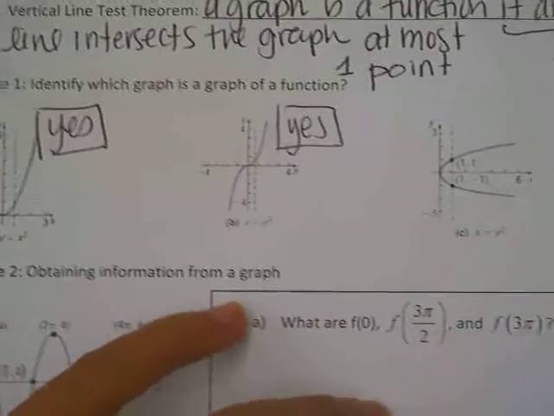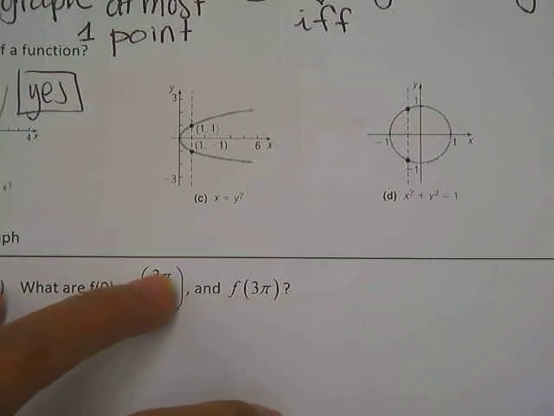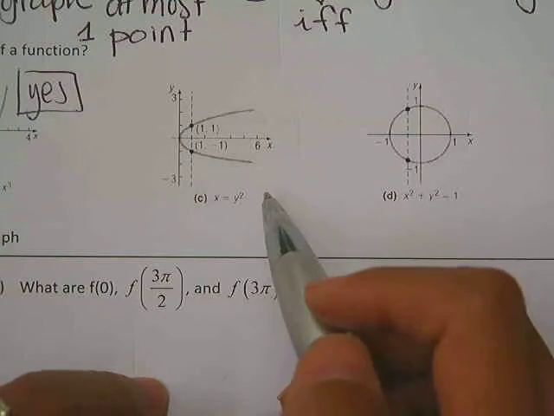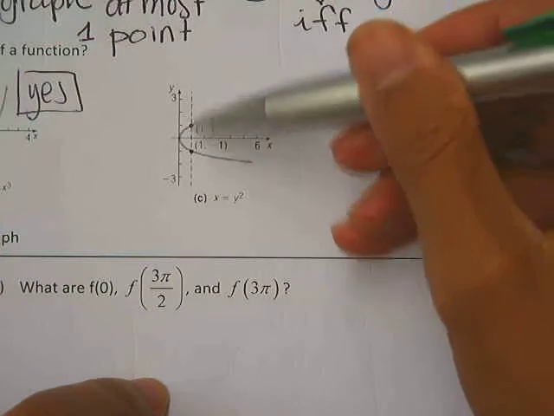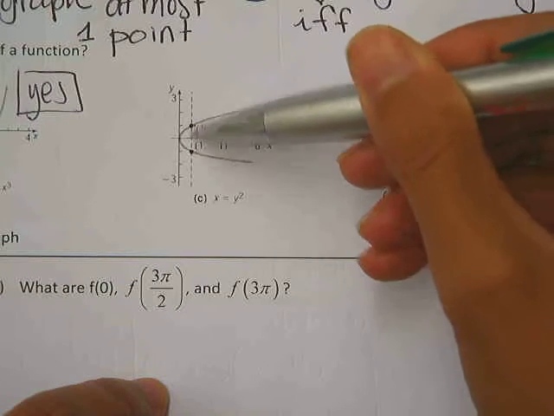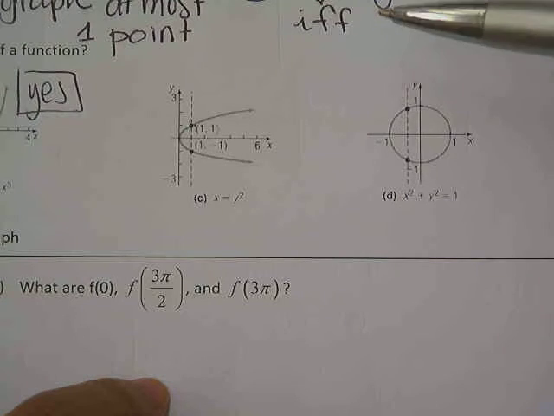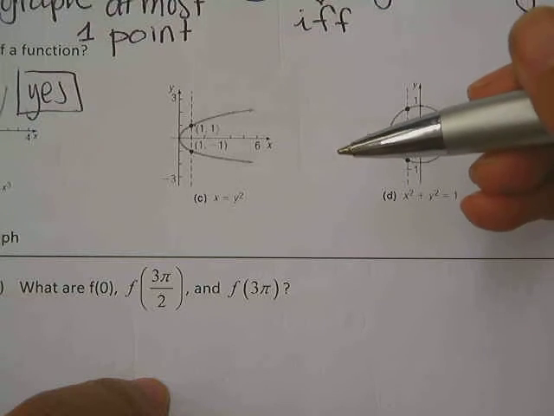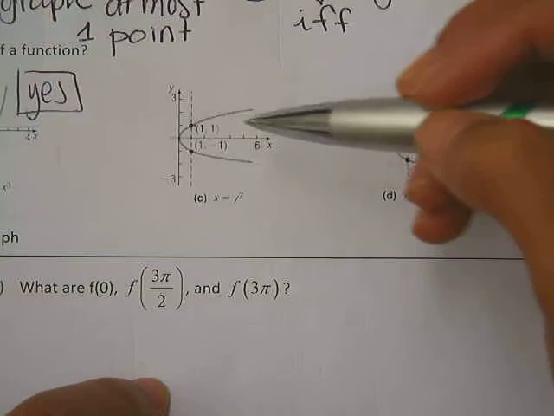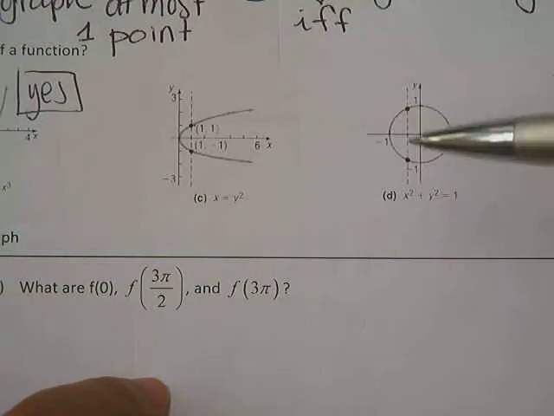Moving on to part C. Here we have a sideways parabola. If I draw that vertical line, notice how it intersects at two different places. So immediately I can say that this is not a function. Remember, I only need one vertical line test to fail for the entire graph to fail.